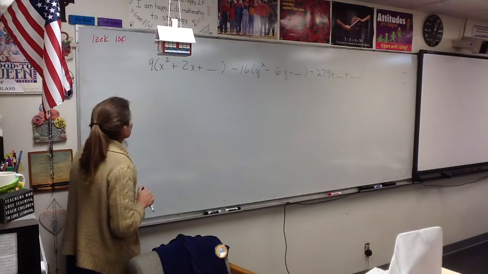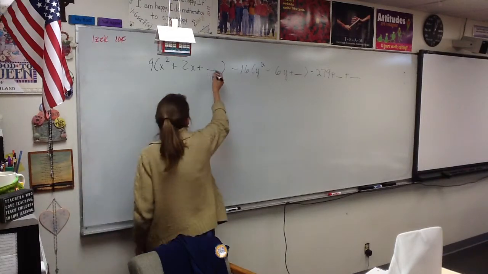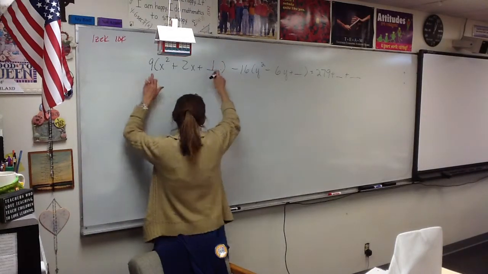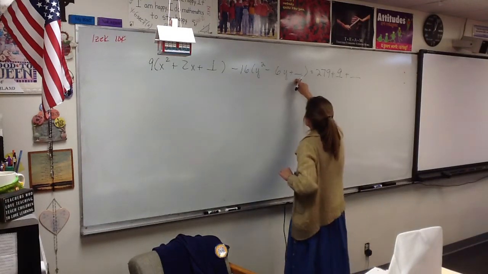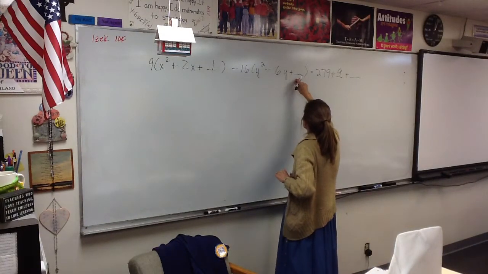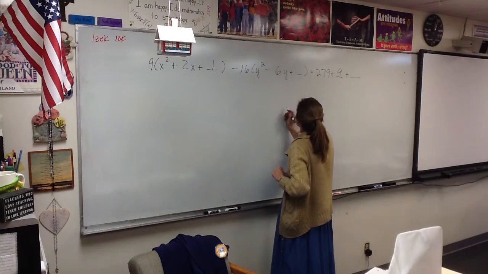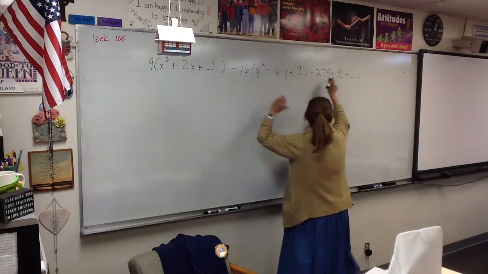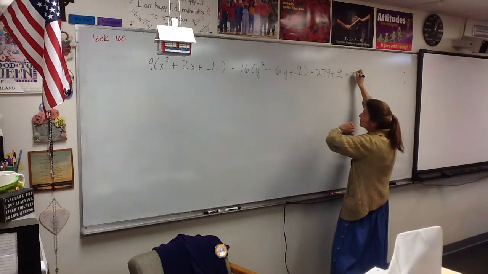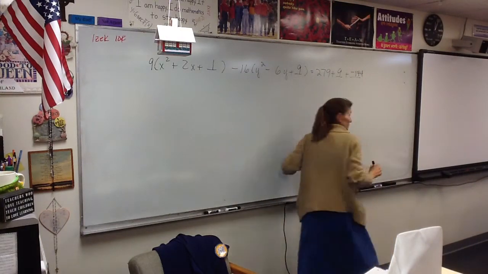So here we go. What completes the square? 1, but it'll be a 9. Here will be a 9 times 16. 9, but over here it'll be a negative 144.